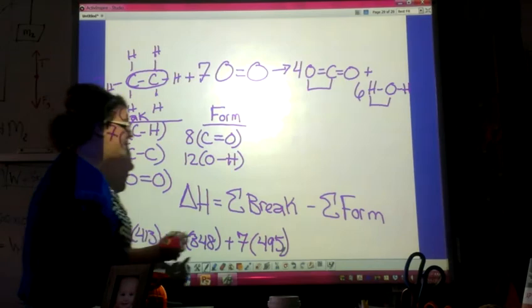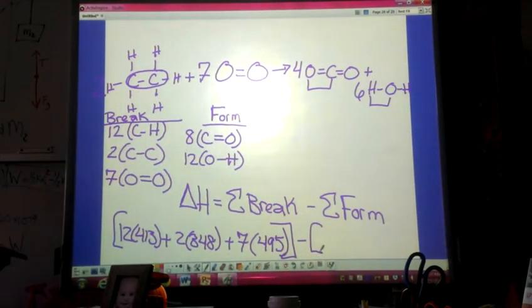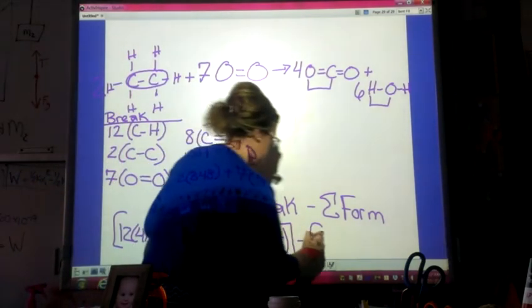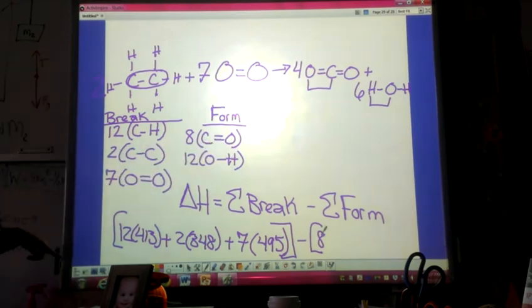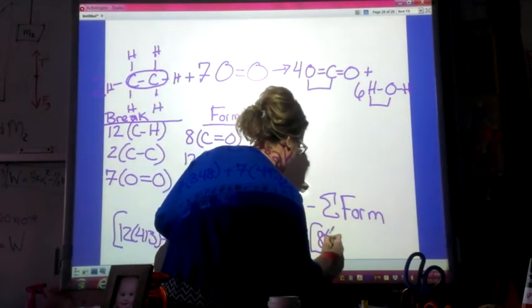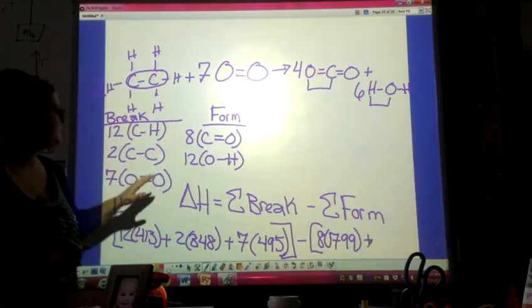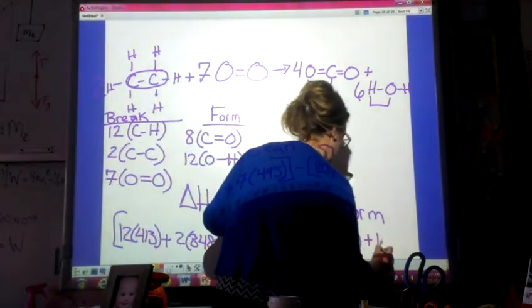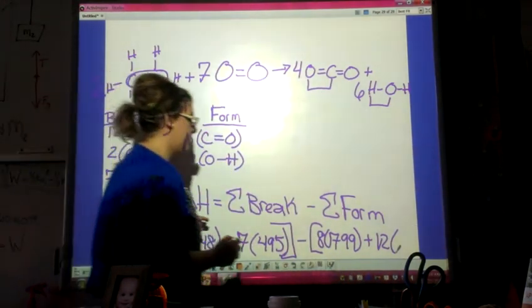So I want to add all of those up, and then I'm going to subtract it from what we formed. So what we formed was 8 carbon-oxygen double bonded, and that's at 799. So 8 times 799 plus 12 times my oxygen-hydrogen bond, which was 463.